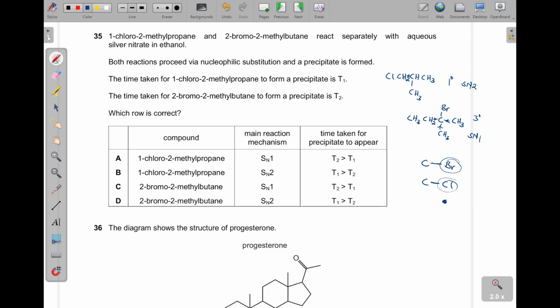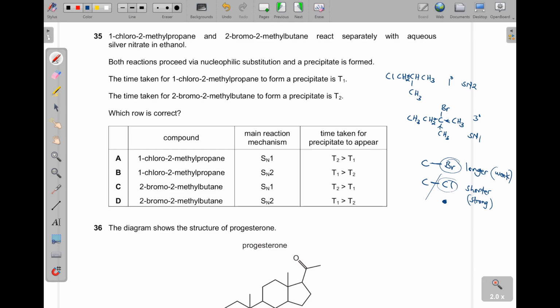The longer the bond, the weaker it is. So this one is the longer bond and this one is the shorter one. So this one is strong and this one is weak. Now it is going to take much more time to break this one compared to this.